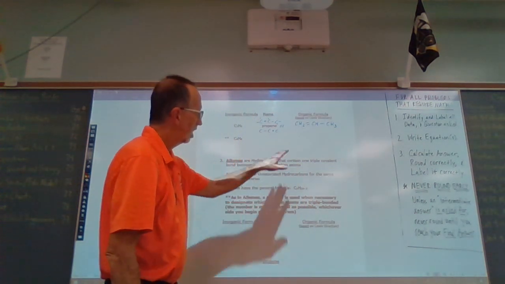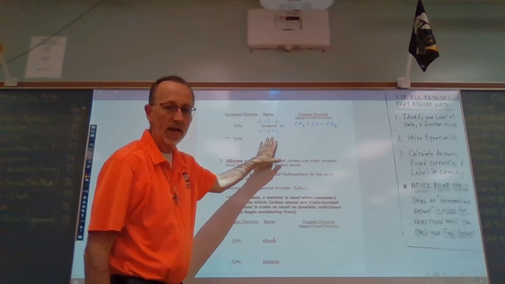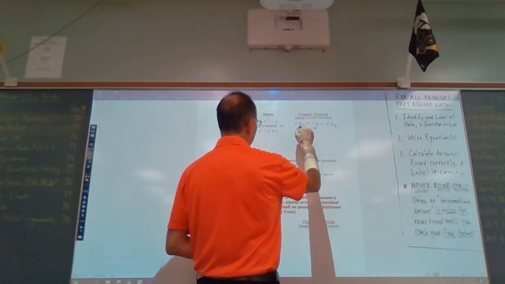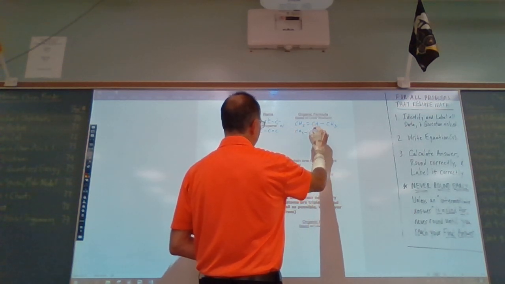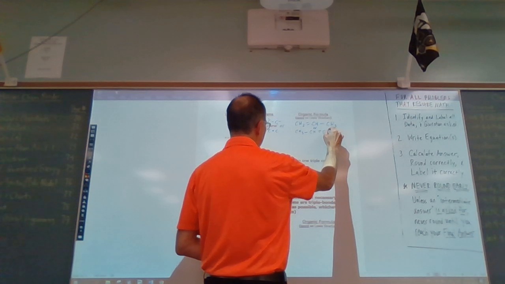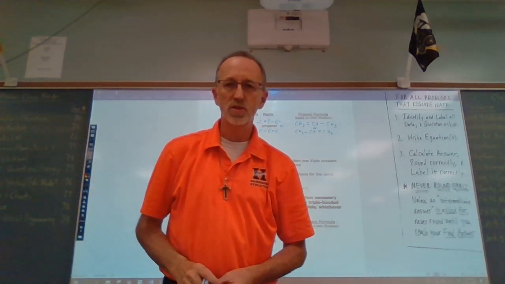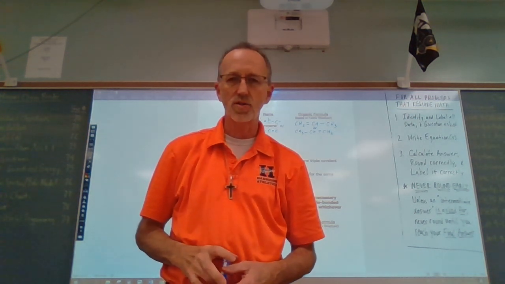Now, if I wrote it the other way, which is perfectly acceptable, I'll put an "or" there. It would look like CH3, single bond, CH, double bond, CH2. A mirror image of the one we just drew. And again, it doesn't matter how you draw it.